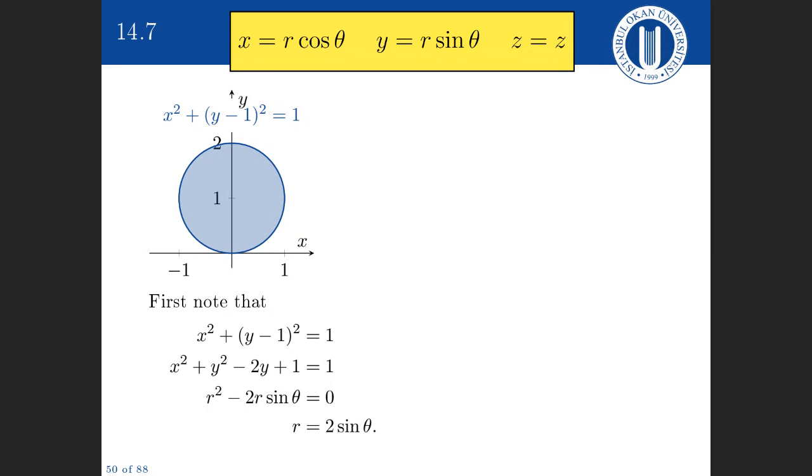So just as we did last week, I want to replace x squared plus y squared by r squared. And then what am I left with? I'm left with a 2y, but 2y is the same as 2r sine theta. Rearrange it, cancel one of the r's. This circle is r is equal to 2 sine theta.